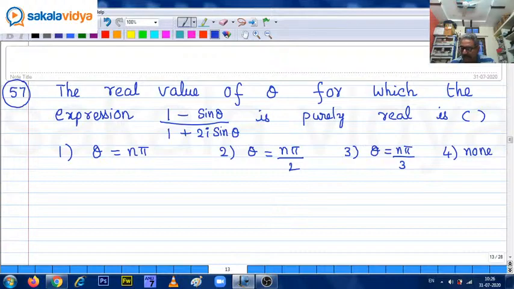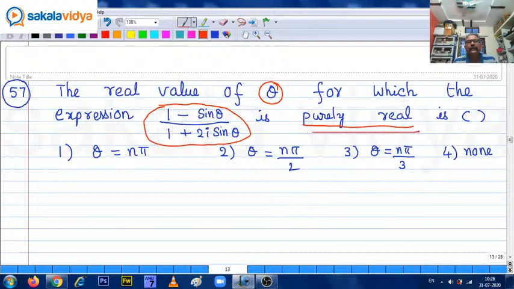Purely real means the imaginary part must be equal to 0. The imaginary part of this expression needs to be equated to 0, so that we get the trigonometric equation that needs to be solved to get our solution for theta. Okay, let us solve it now.